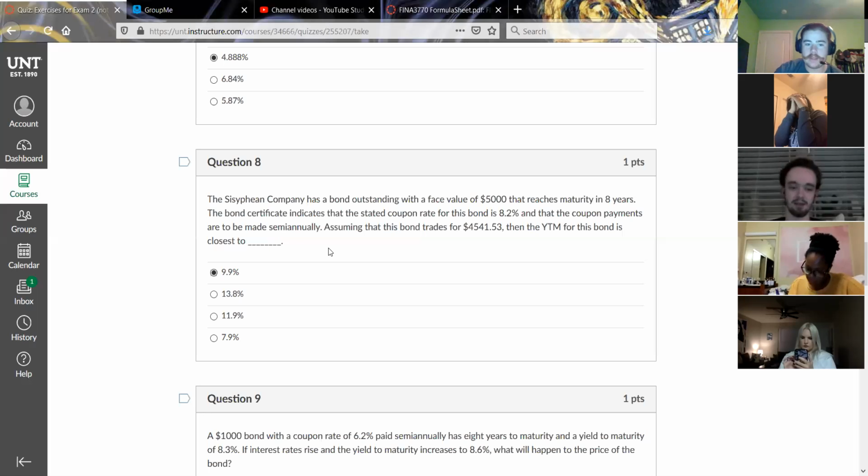It's a surprise every time. Just look out for it: semi-annually means 2, quarterly 4, monthly 12. This one is just put it in the TVM solver.